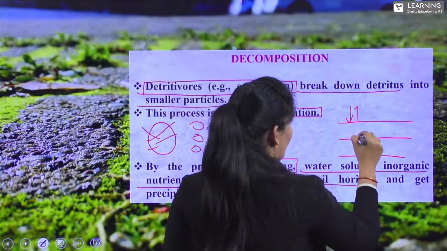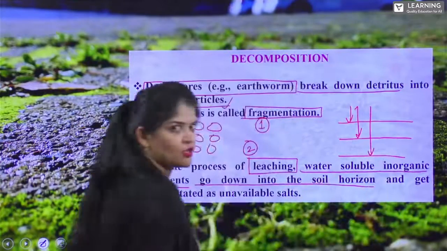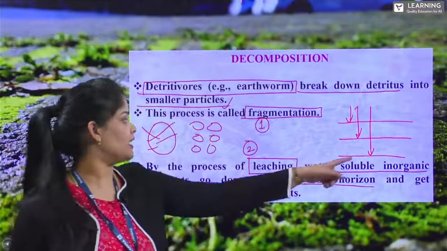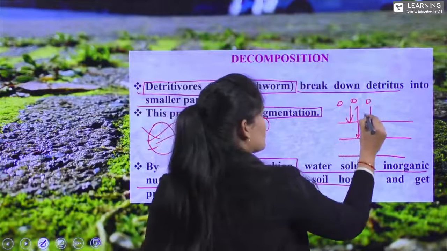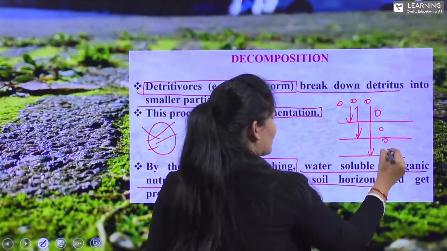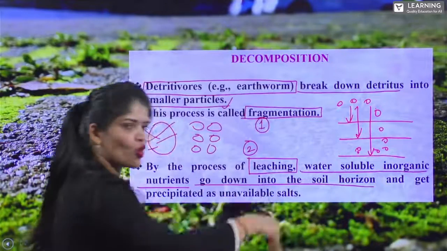Let us consider these are the soil horizons. Now, the water soluble inorganic nutrients start moving down and get accumulated into soil horizons.